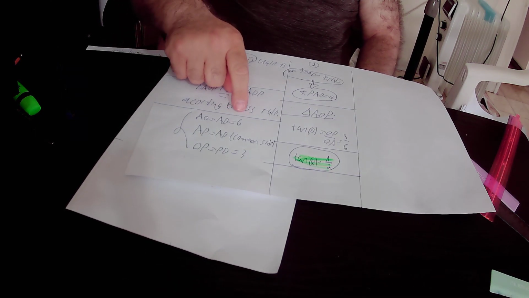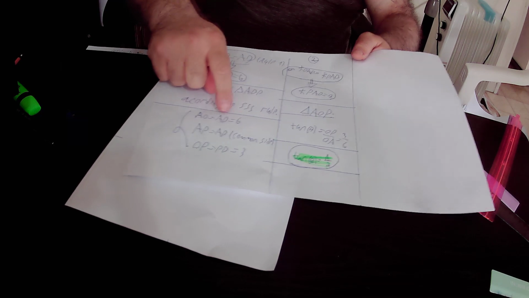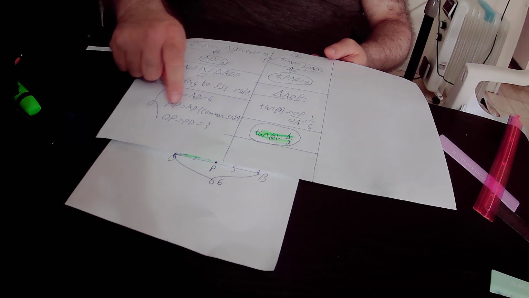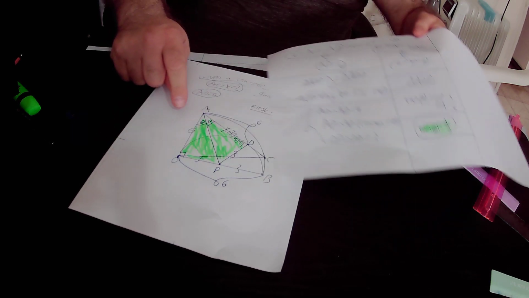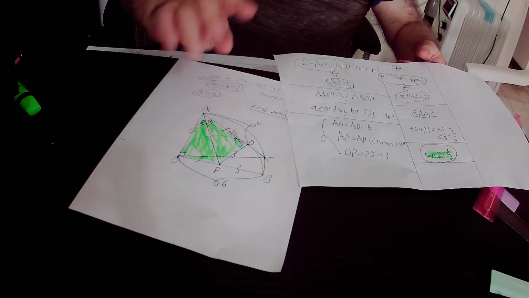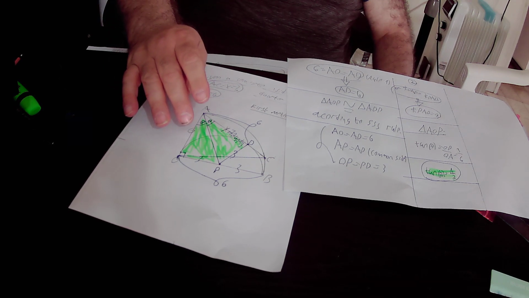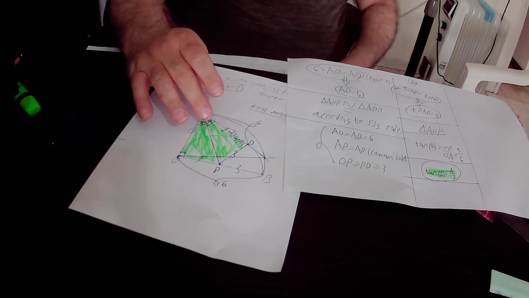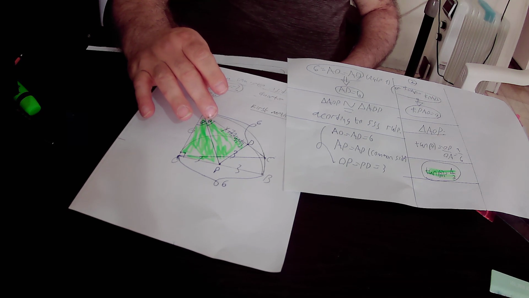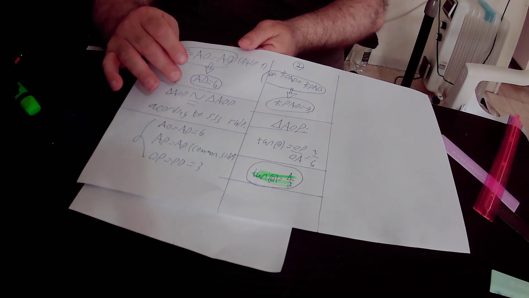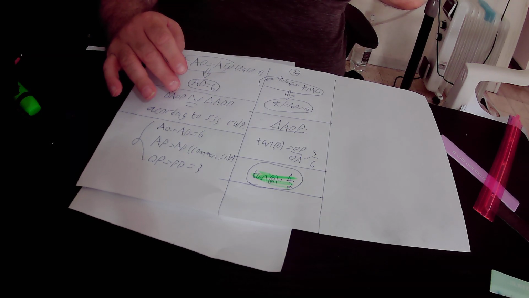AP equals AP, this is a common side that belongs to both triangles. And also OP equals PD equals 3 units, the radius of the semicircle. That is to say, all the sides of triangle AOP are equal to all the sides of triangle APD. Therefore, those two right triangles are congruent according to the side rule.